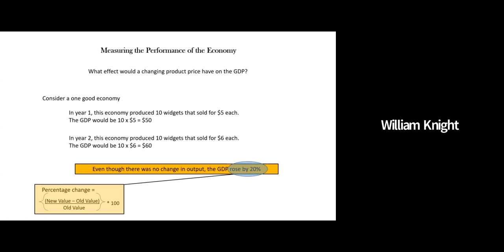Now, let's look at the way in which I computed this percentage change. You're going to need to know this very, very well for test number 3. The percentage change is computed by this formula: the new value minus the old value divided by the old value.